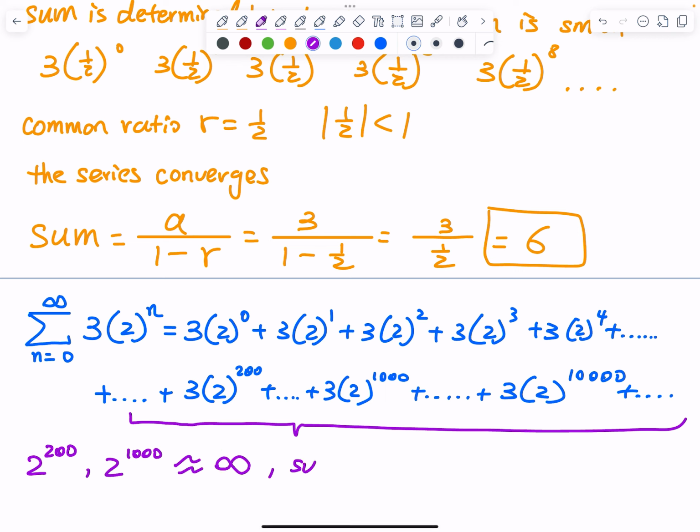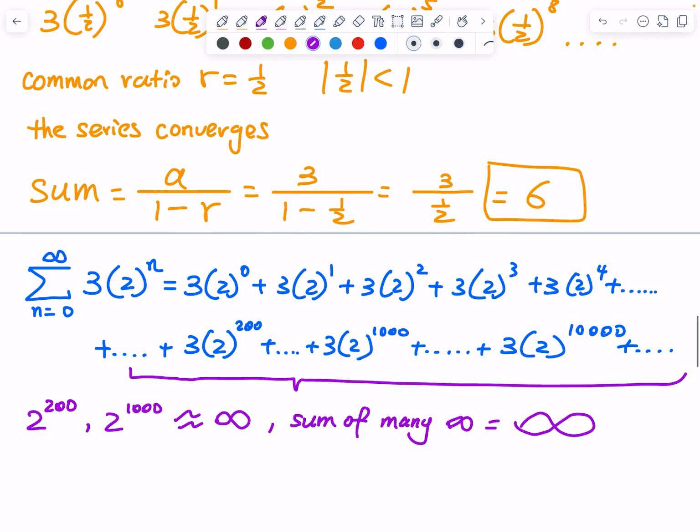And then the sum of many infinity is just equal to a very huge infinity value. So the sum of these terms, when the exponent is large, is equal to infinity. And then we will say the series diverges.